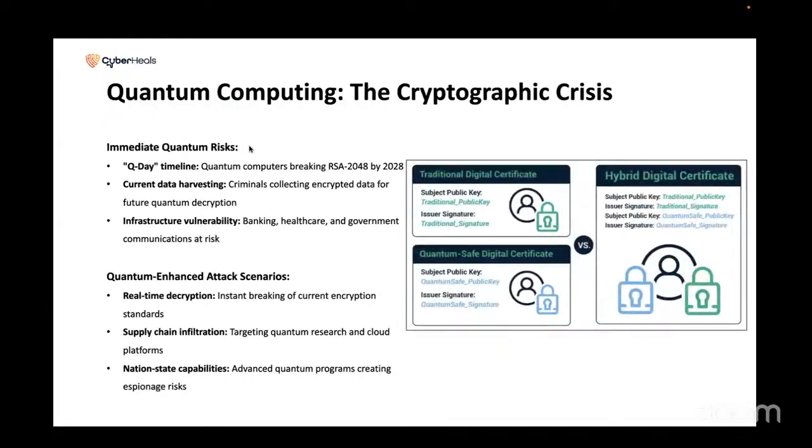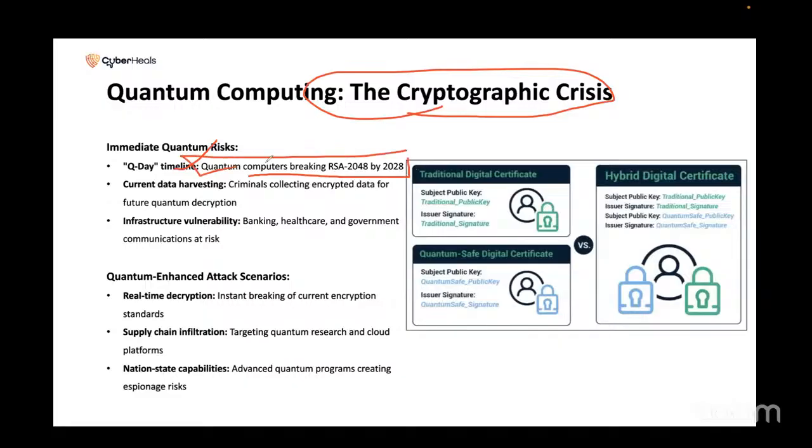The initial challenge was encryption and decryption, but now with quantum computing, the cryptographic crisis is getting solved. Immediate quantum risk: it breaks RSA, right? Criminals are collecting encrypted data for future quantum decryption.